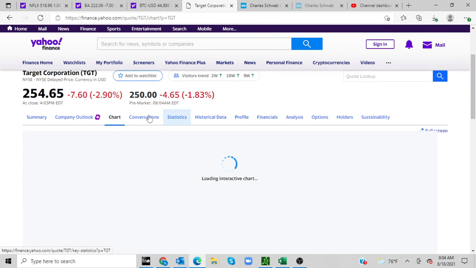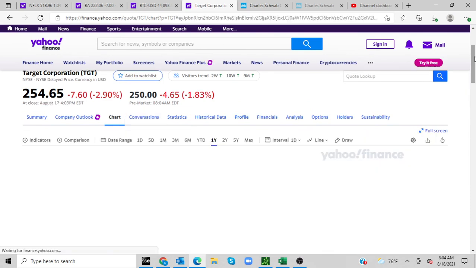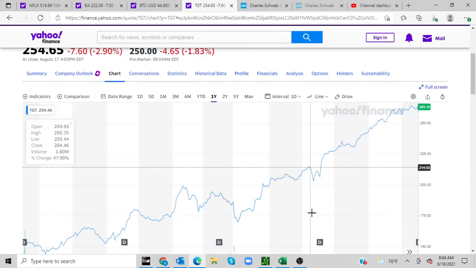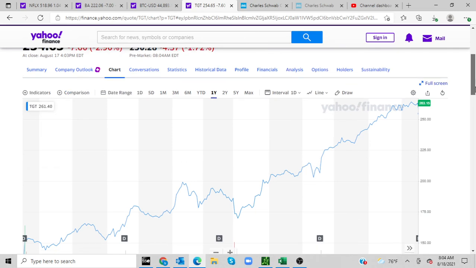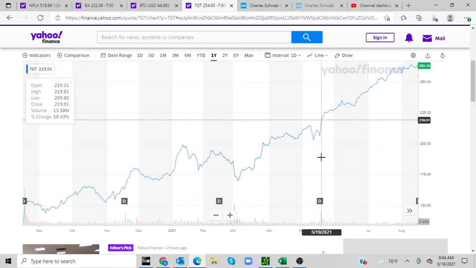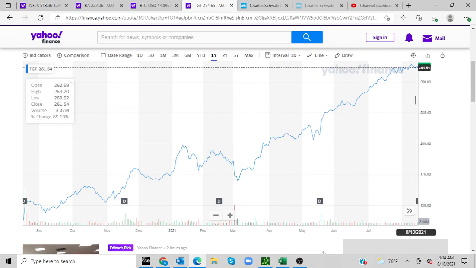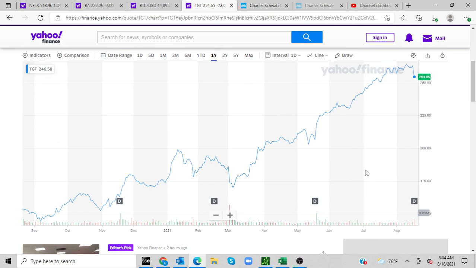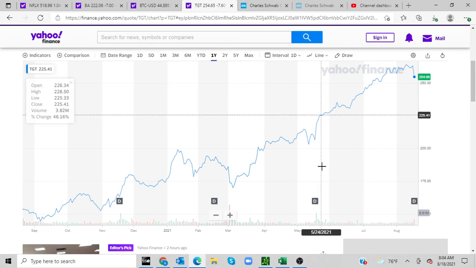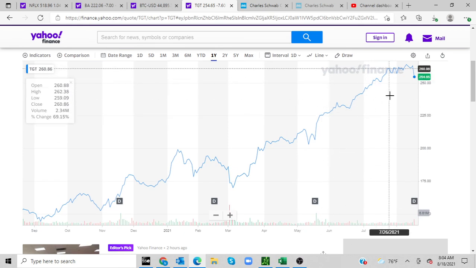I picked up this short somewhere around here, I believe somewhere here or here, which I showed you back in June. Okay, check this out. June, July, and almost half of August, this thing continued to go up. But I added more and more positions to it, but did it carefully.